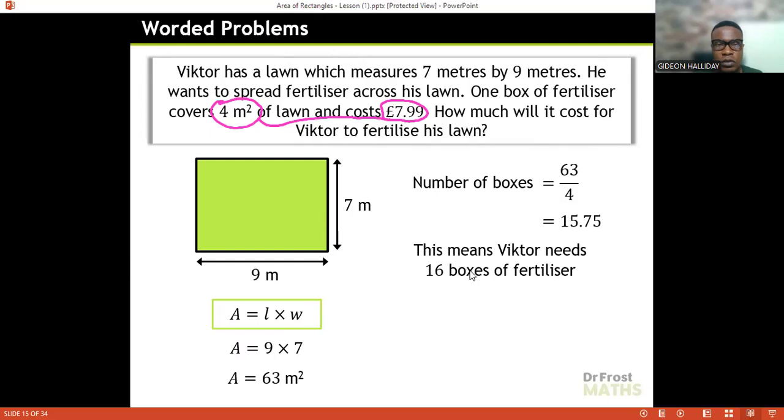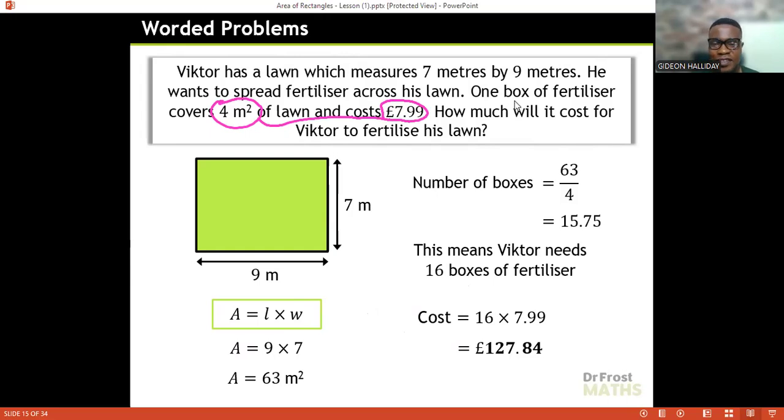So 16 boxes, you multiply by the cost. Try using your calculator or long multiplication, and you'd have £127.84. Good job.